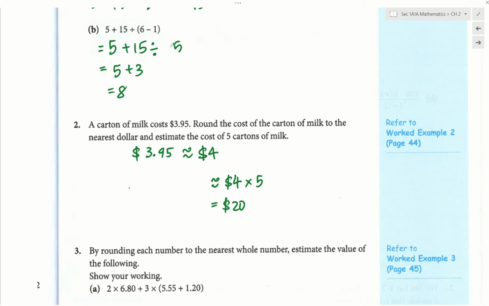But to me, I will choose the wrong answer. I will say, this student must be thinking that this is the cost of 5 cartons, this is the cost of 1 carton. Then I'll say wrong. You understand? Because that is how I'm going to do it. You have to have a habit of writing down what you are calculating, so that when I read it, I don't have to guess. Yes, question?